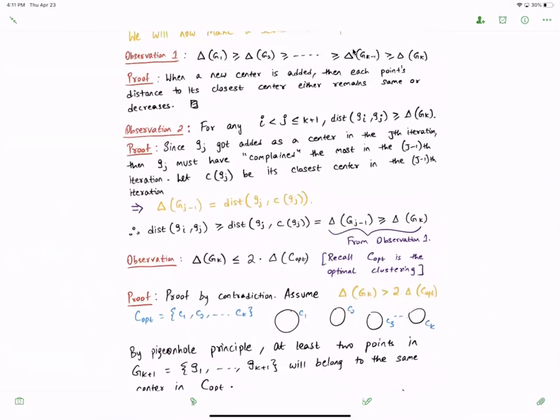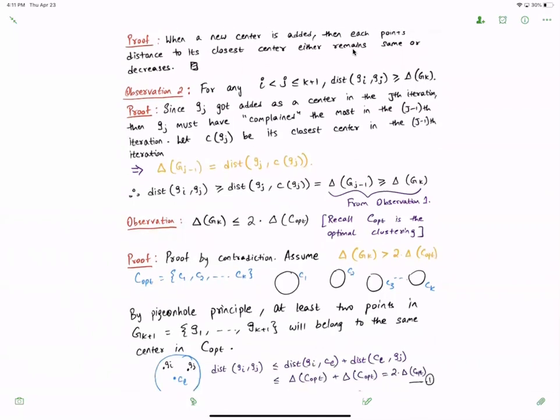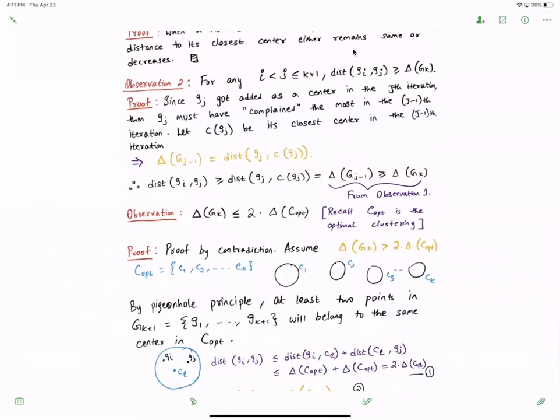We have K cluster centers here. And I'm saying by the pigeonhole principle, at least 2 points in this Gk plus 1 will belong to the same center in C-opt. If you just look at the optimal clustering, there must be some center CL, let's look at the blue circle here, such that its cluster contains at least 2 points of Gk plus 1.